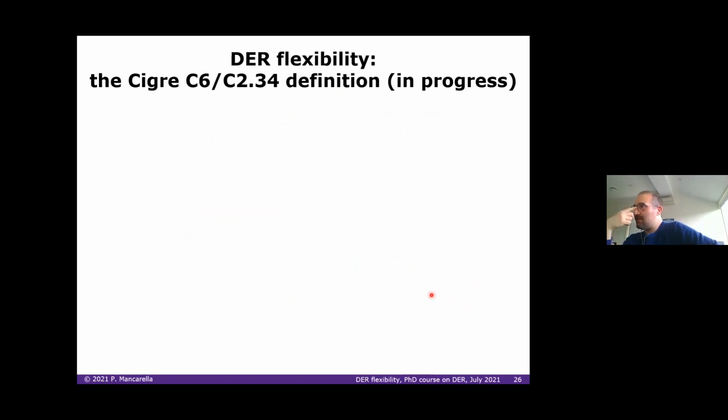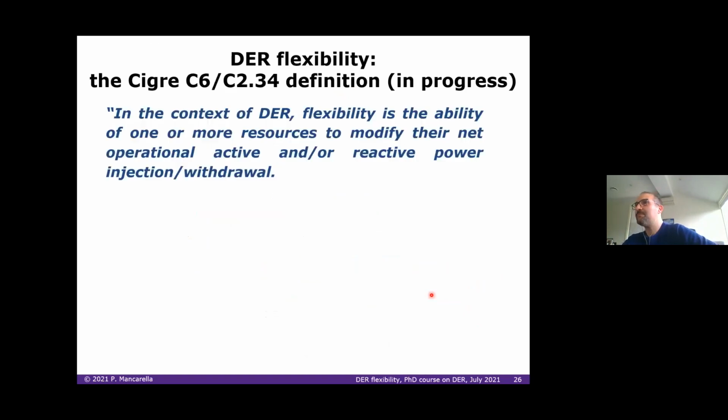I'm taking here the definition tentatively provided by the Working Group 6.34, which I am the convener of, and just reading it in the context of DR. So really focus on DR, because so far there was no definition of flexibility with respect to DR. Flexibility is the ability of one or more resources, so the more means aggregate, to modify the net active and or reactive power injection or withdrawal.